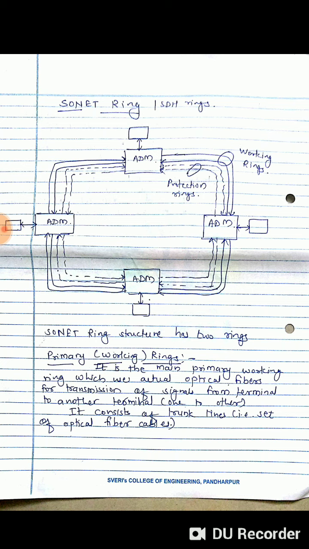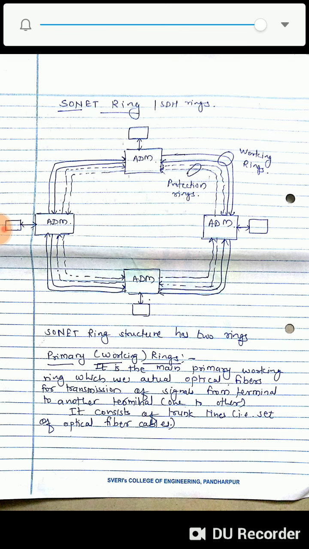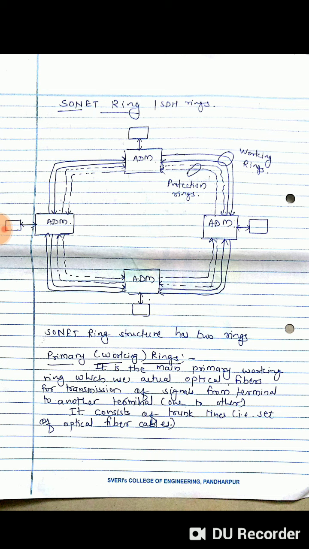In the diagram, the basic users communicate with each other with the help of this ring structure. If we see in the diagram, there are two types of rings. First is the working ring, called the primary ring, and second is the protection ring, called the secondary ring.